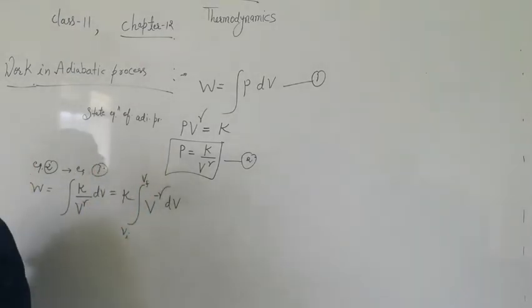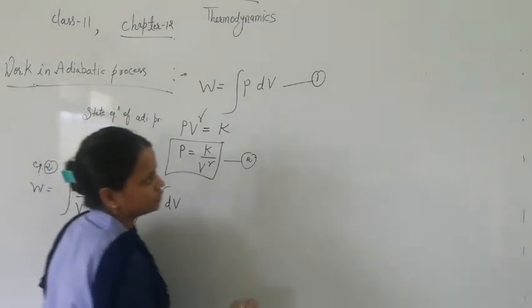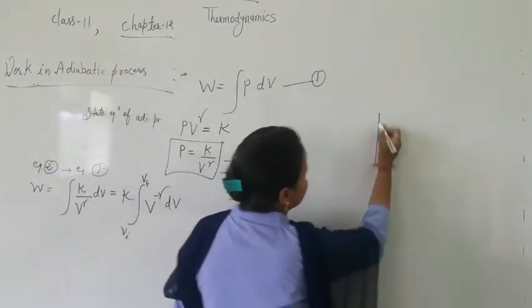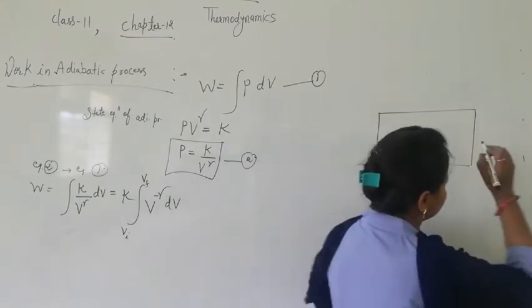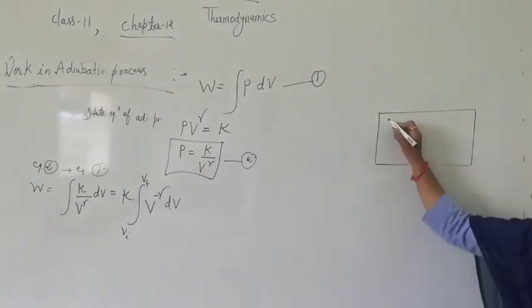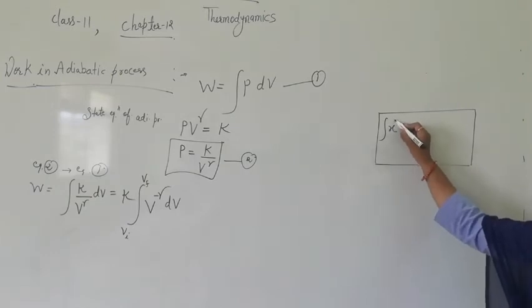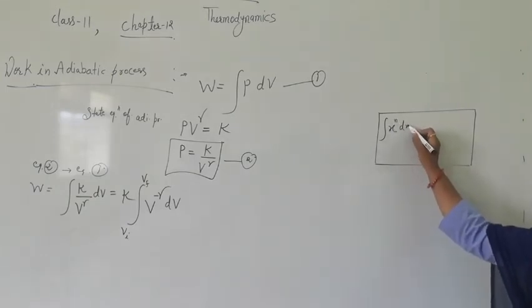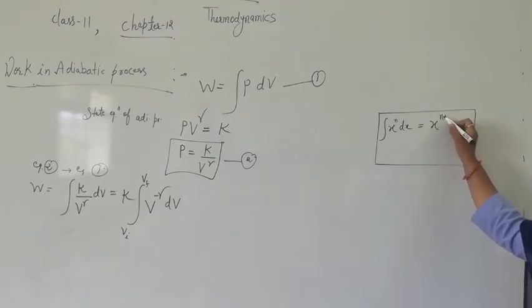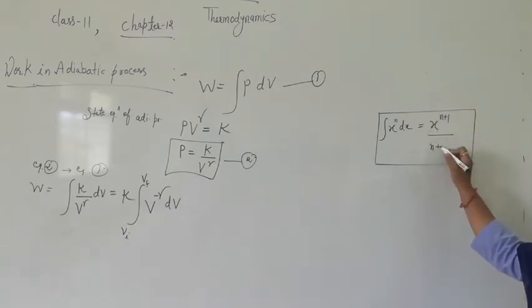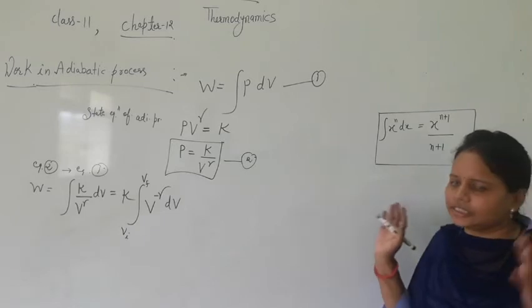Then what about the integration formula? I will write it here. Integration of x raised to the power n dx is equal to x raised to the power n plus 1, upon n plus 1. This is basically the integration formula.